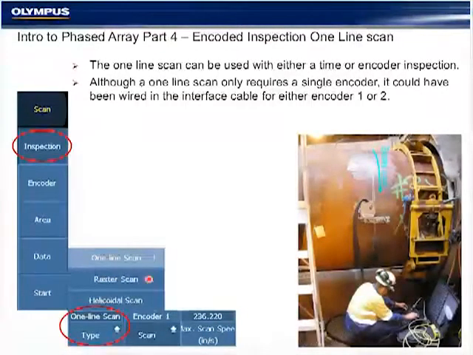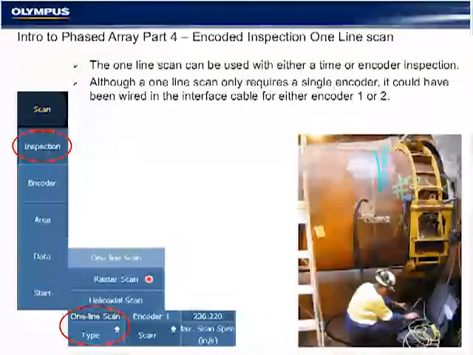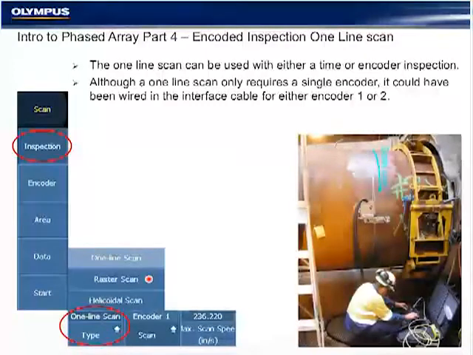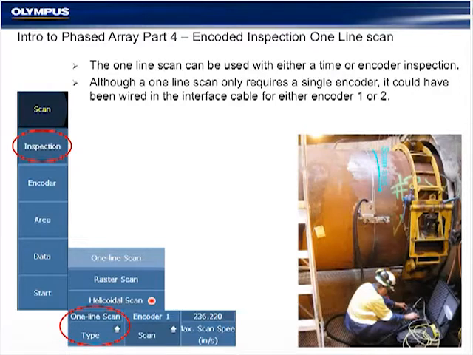A raster scan, like we use typically in automated corrosion mapping, would use two encoders. Typically, one would be the wheels, one would be a scan arm, or a similar configuration. Also supported prior to version 4.1 is a helicoidal scan for a different type of inspection typically associated with spiral welding.